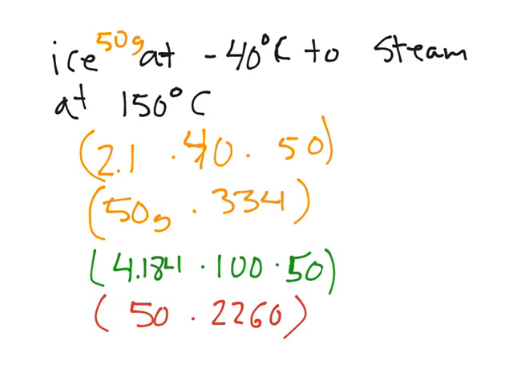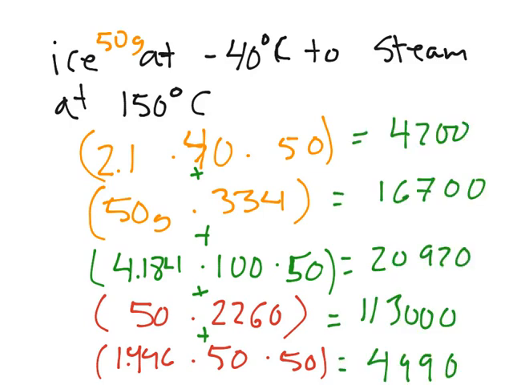The specific heat of steam is 1.9996 times the change in temperature, which is 50, times the mass, which is 50 as well. Okay, and then the last thing we do is add all these together. And when we do that, we'll get our answer.